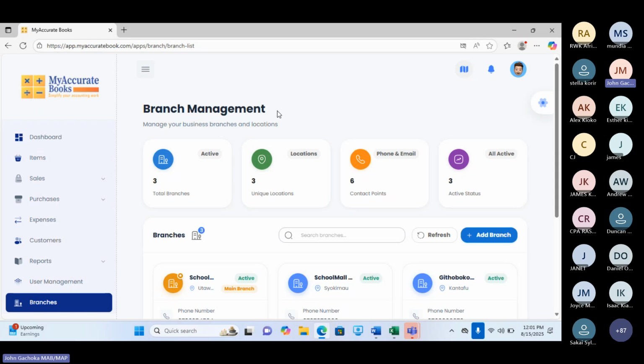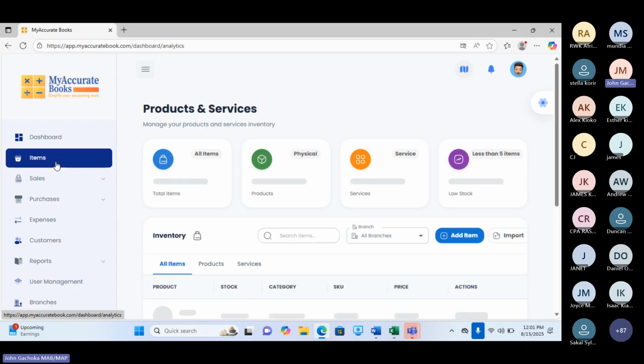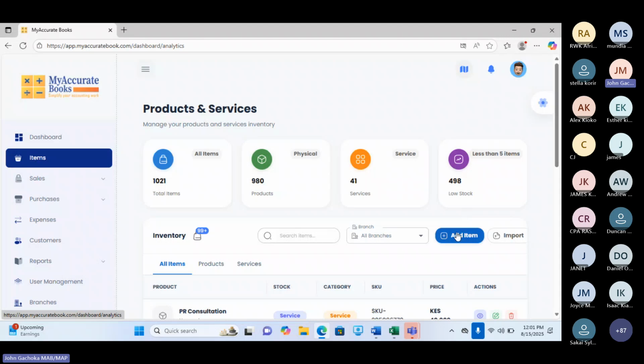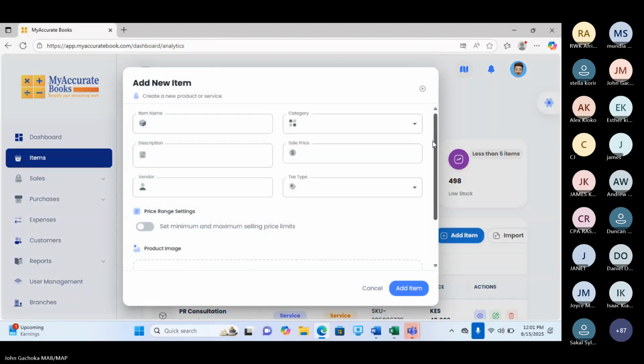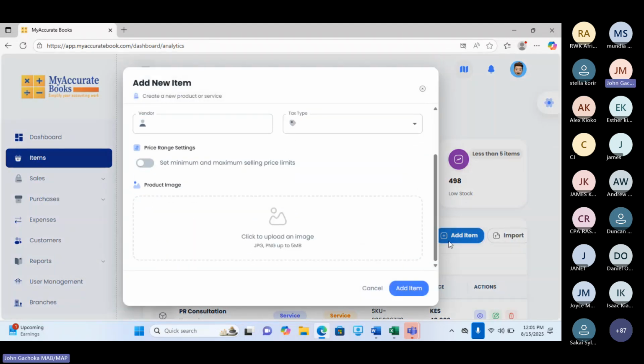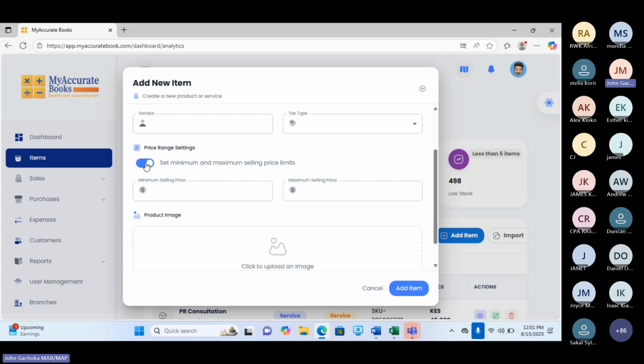When you come to update your items, and you want to add an item, below here, you can set the minimum and maximum costs of an item.